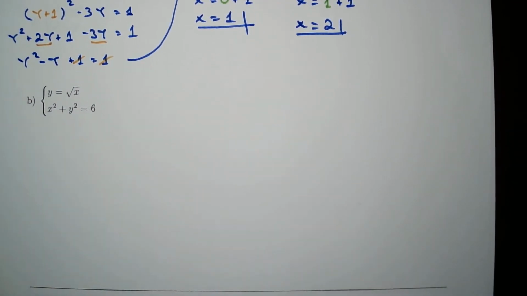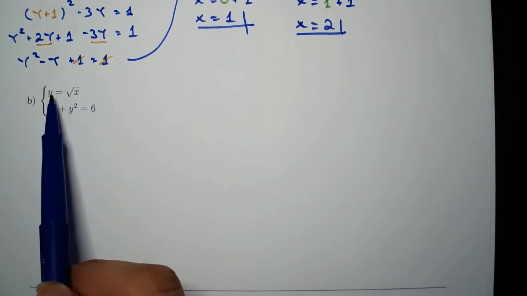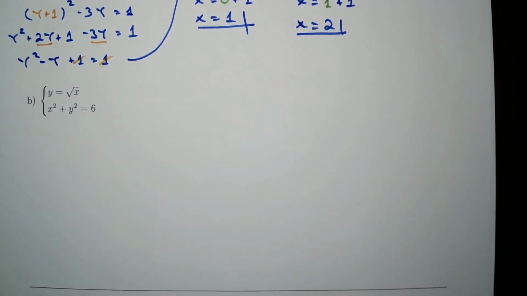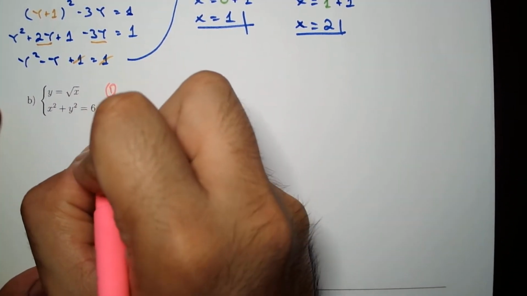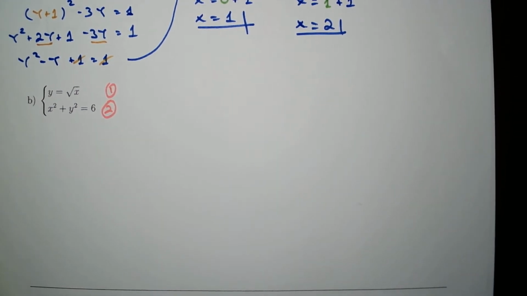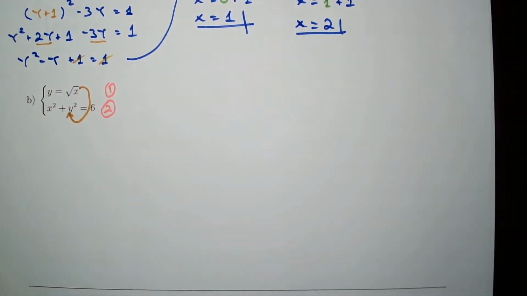Let's do another one. Even though we don't really have all variables with exponent 1, we have this radical, and in this case we don't have to do anything in terms of moving one variable to one side of the equation or the other. All we do is directly substitute the square root of x where y is, because here it says y equals the square root of x.